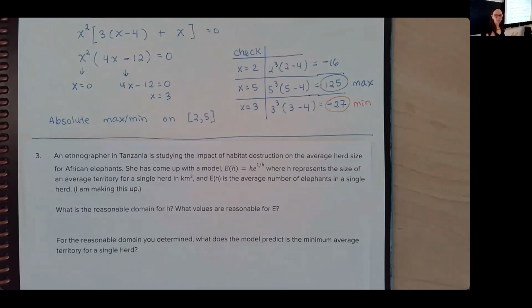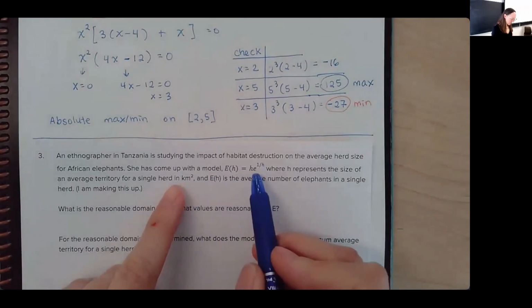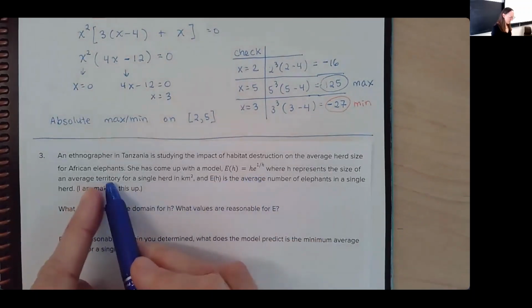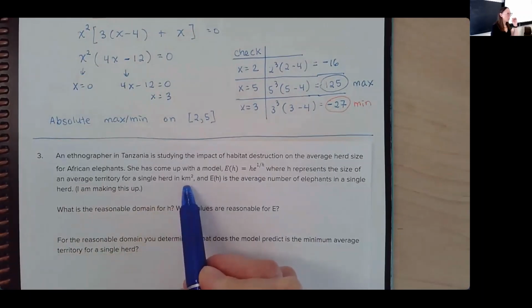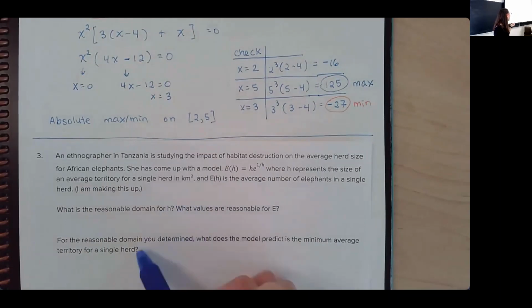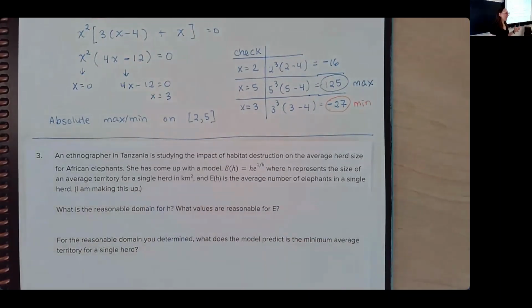Does it make sense for some of these numbers to be negative? So if H is the size of a territory in square kilometers, I'm going to argue that an elephant takes up more than 0 square kilometers. So the domain for sure has to be something bigger than 0.